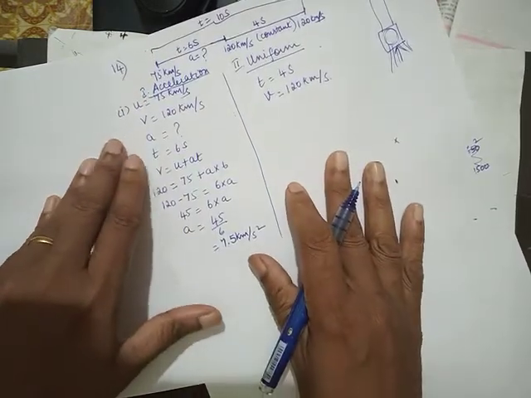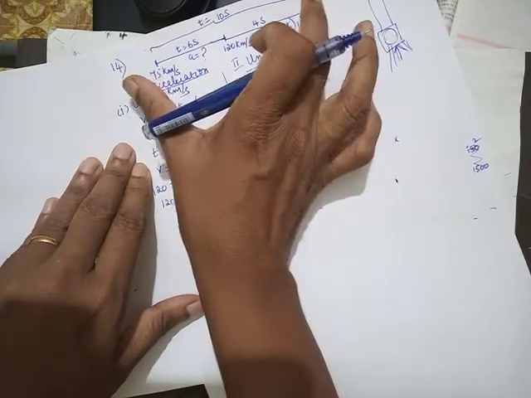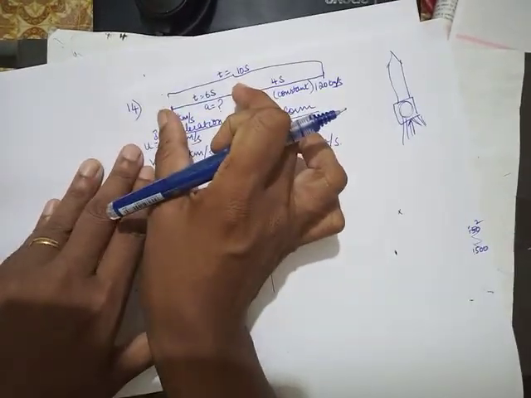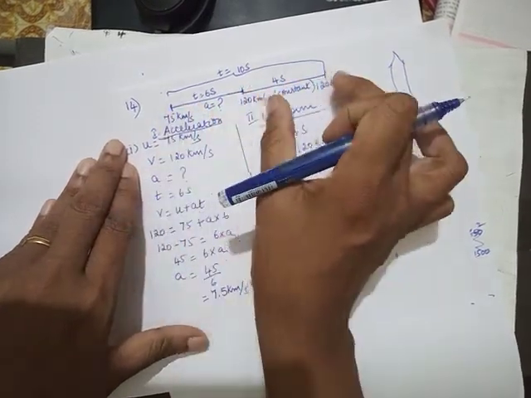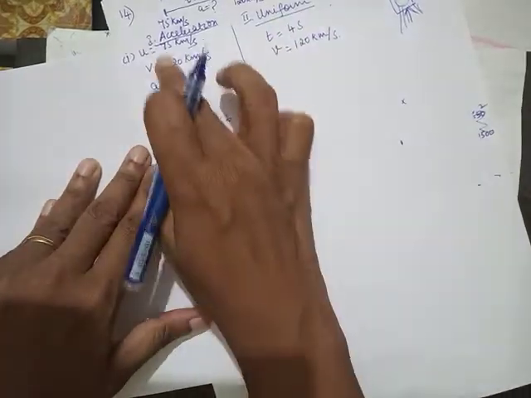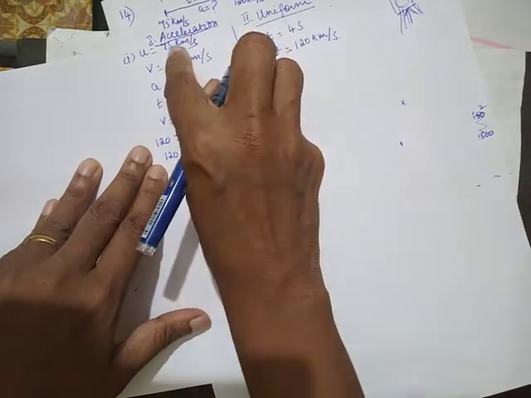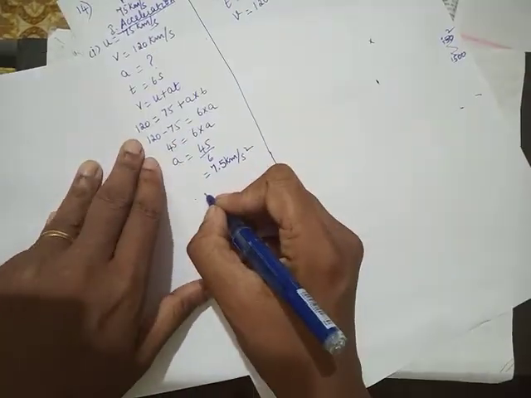In the second part of the question, they've asked you to find the distance traveled by the spacecraft in the whole 10 seconds. To find this, you have to use a separate formula for each, because here it is acceleration and here it is constant velocity. So using this information, you will find the distance traveled for the first 6 seconds, and then you will find the distance traveled for 4 seconds.